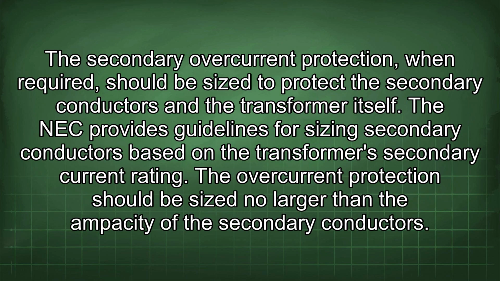The secondary overcurrent protection, when required, should be sized to protect the secondary conductors and the transformer itself. The NEC provides guidelines for sizing secondary conductors based on the transformer's secondary current rating. The overcurrent protection should be sized no larger than the ampacity of the secondary conductors.